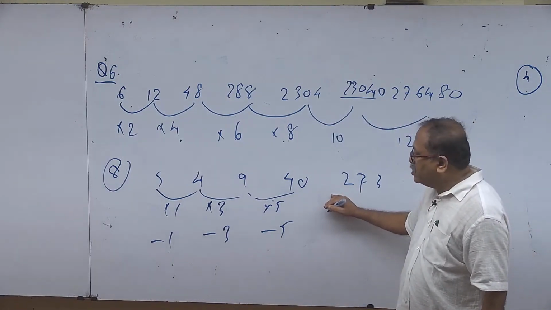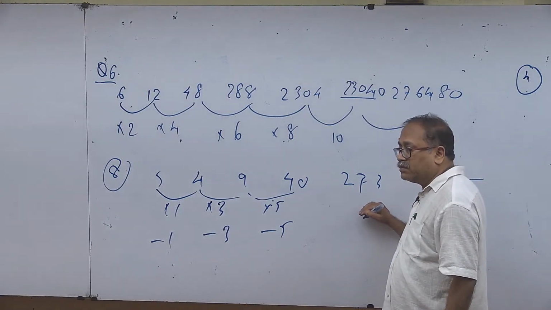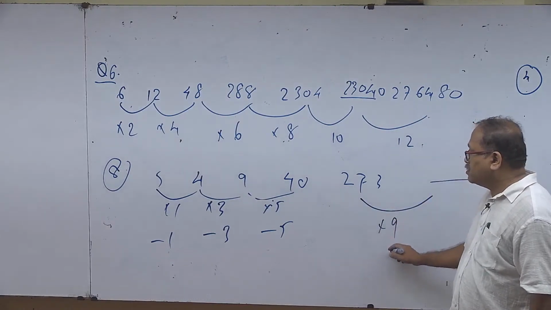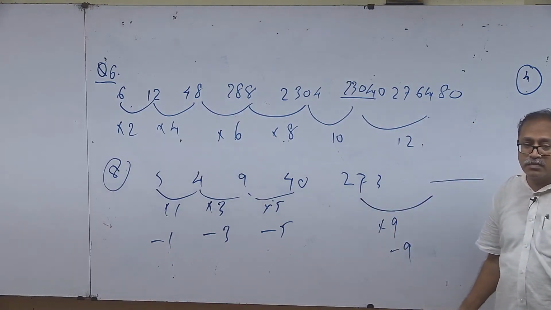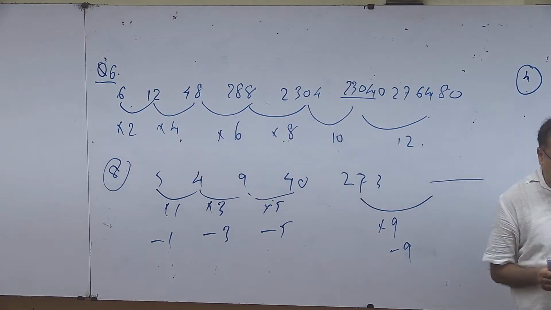So you may go for the next number, and we are dealing with the odd number. After 7 it's 9. So it should be into 9 minus 9. What's your answer?